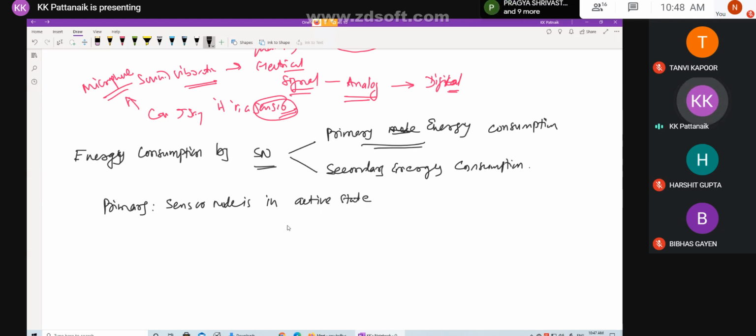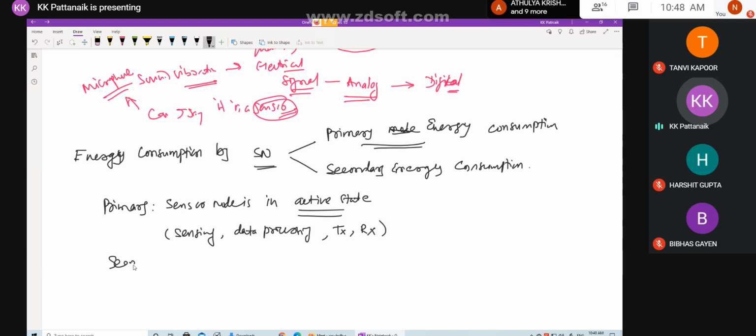right? Active state means what? Active state means it can be sensing, then data processing, transmitting and receiving, etc. Okay.